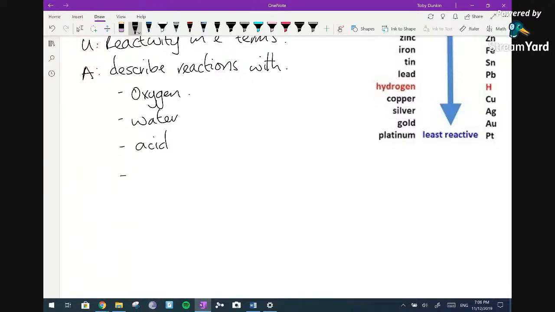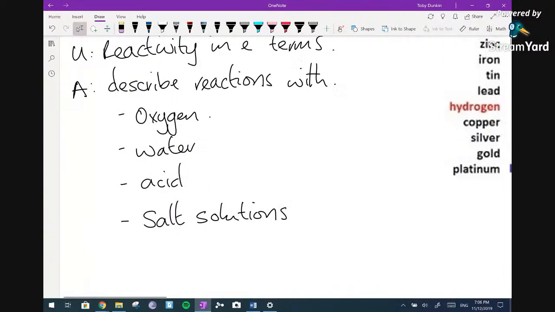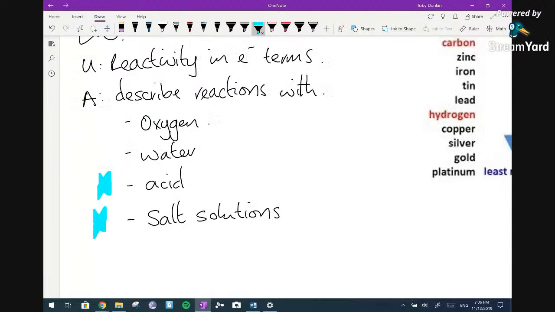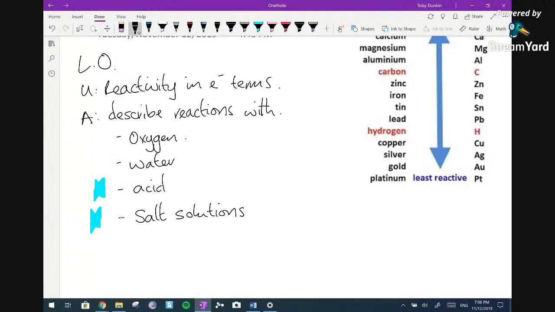Acid. And the last one, and I'm actually going to star this one, is with salt solutions. Now, that's actually really important because at GCSE, the ones that are focused on primarily are acids and salt solutions. They get looked at more often than the others in terms of reactivity. Water does make an appearance, but water tends to be focused on group 1 metals in particular.